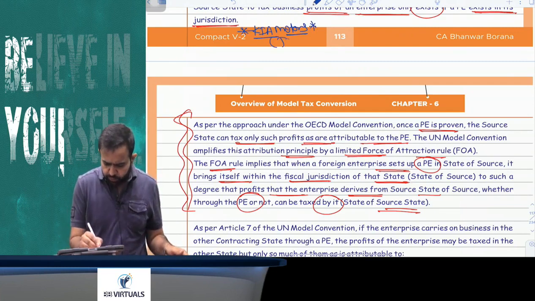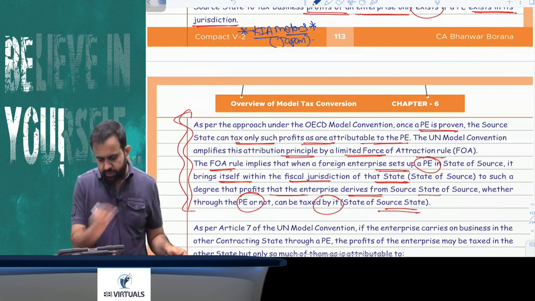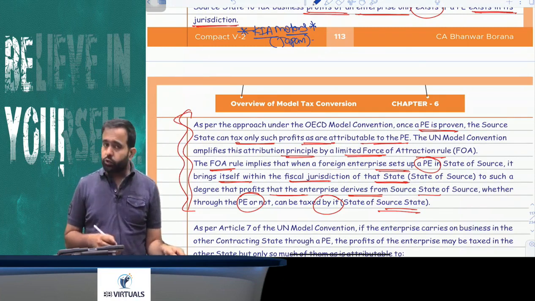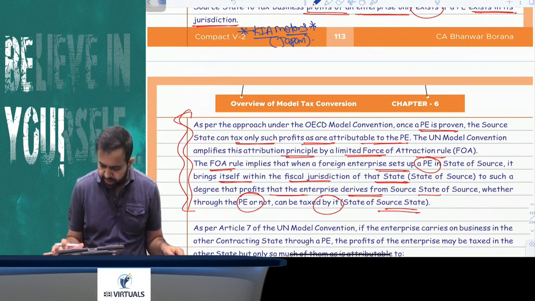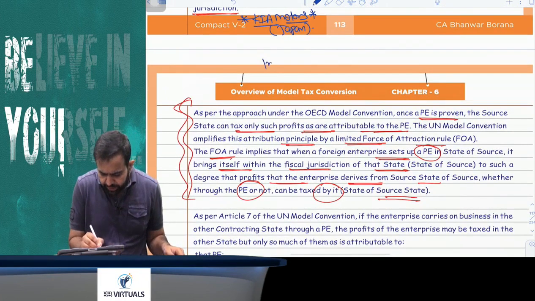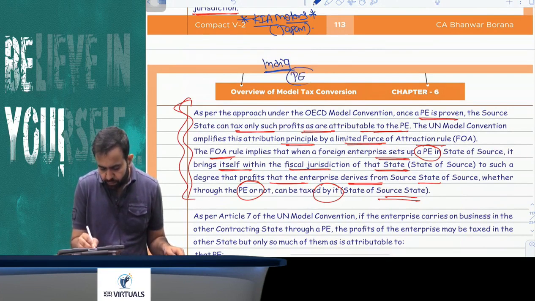For example, I don't know from which country, but say Japan. Now guys, they also started their operation in India. So in India, they are having a PE, for example one showroom.